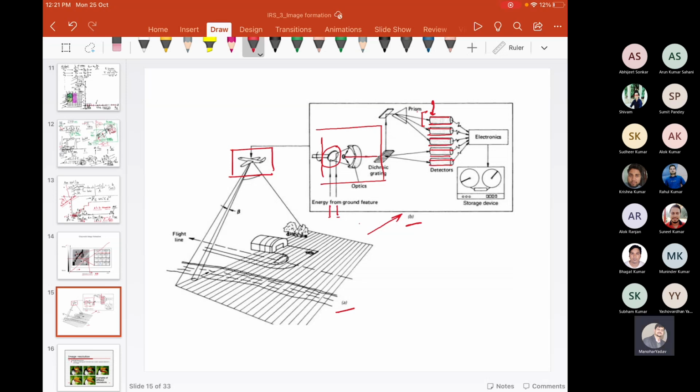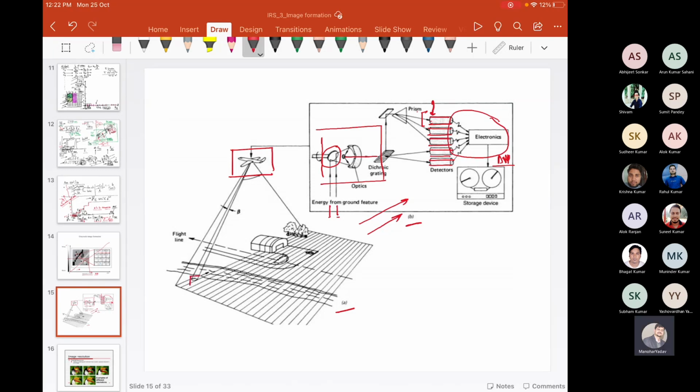Now this is the sensor part, and further the energy sensed by each detector from the GRC is analyzed in the internal electronics that we discussed before, and a particular DN number for the GRC is stored on the storage device.